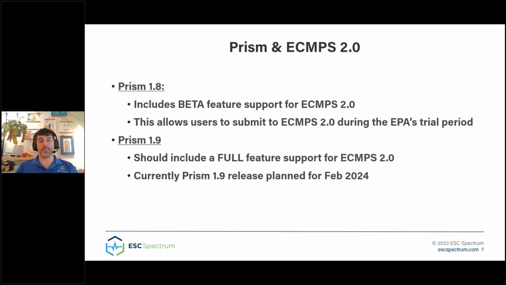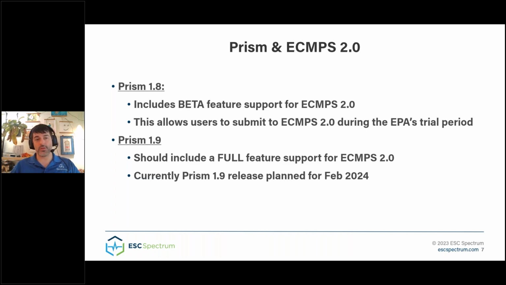So that being said, if you set up yourself on Prism 1.8, I still strongly encourage you to generate the JSON files and all that for ECMPS 2.0 and submit them to the ECMPS 2.0 beta site and start playing around with it, see if you run into any issues. And then if you do find issues, report back to us so that we can fix those issues before 1.9.